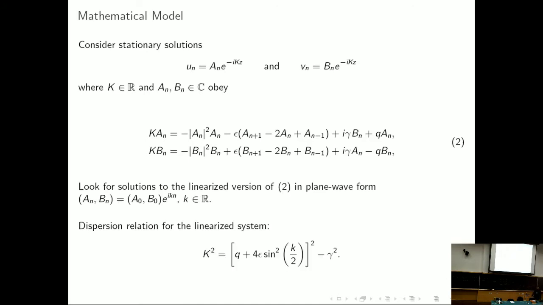And then if I substitute that e^(ikn), I get a dispersion relation between capital K and these other parameters.